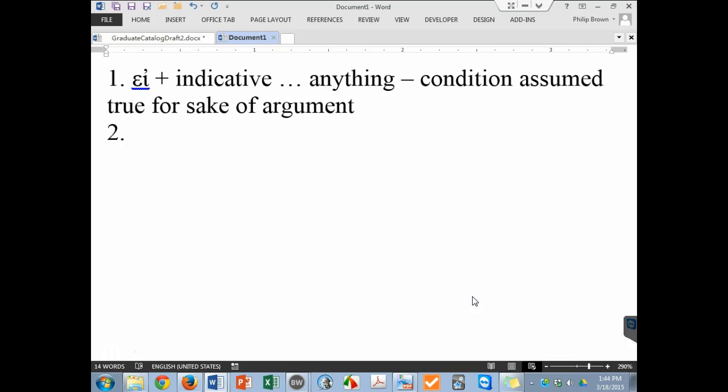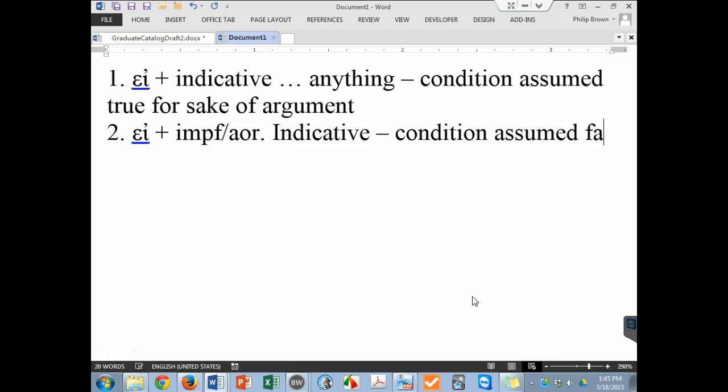Second class is condition assumed false for the sake of argument, and here you have ei plus a past, or specifically an imperfect or aorist indicative. Now that's a pretty important difference, and you would certainly want to pick up on that.